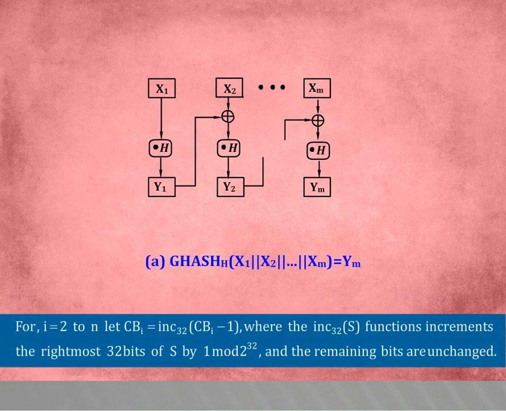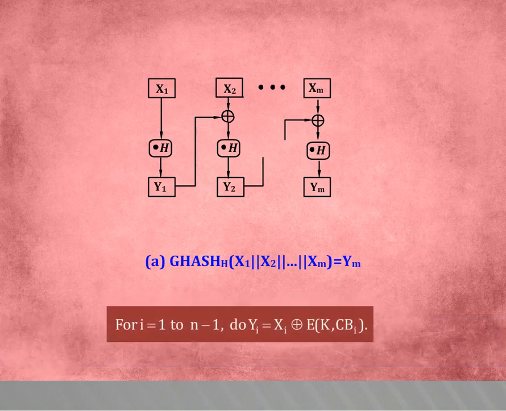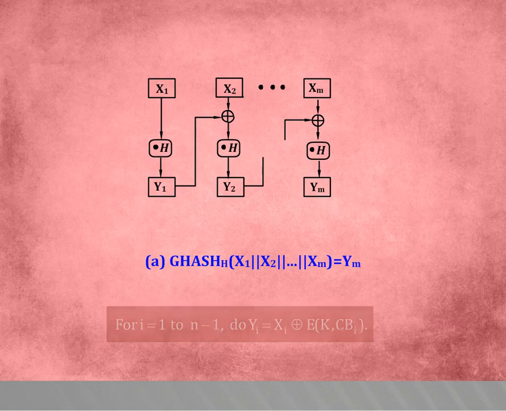For i equal to 2 to n, let CBi be equal to INC32 of CBi-1, where the INC32 of S function increments the rightmost 32 bits of S by 1 mod 2 power 32 and the remaining bits are unchanged. For i equal to 1 to n-1, do yi is equal to xi XOR with e of k, cbi.